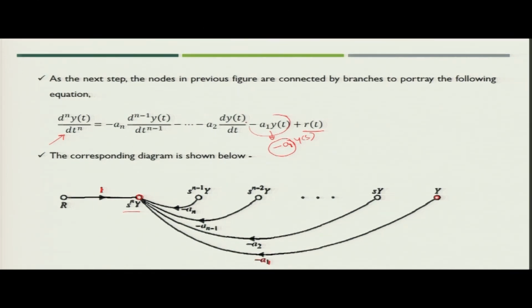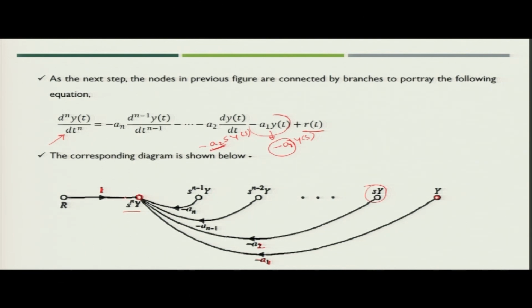Similarly, for this you can write minus a_2 times sY(s). You see sY here, and it is connected with s to the power n Y with the coefficient minus a_2. So, you get minus a_2 as the connection, and similarly you connect all of them.